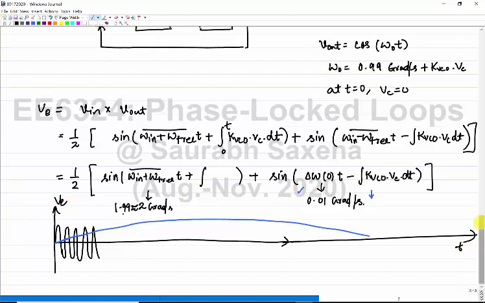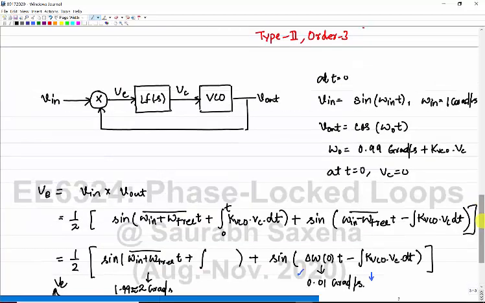Now, if that is the V error and it goes through a loop filter, let us assume that this loop filter is a low pass filter. So I am using this loop filter of omega, with respect to omega, having some filter bandwidth with a DC gain, this is omega minus 3 dB bandwidth.